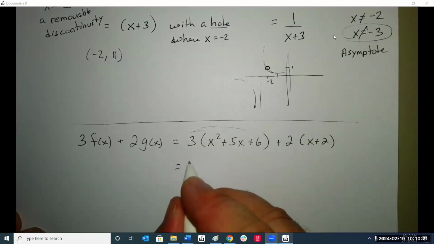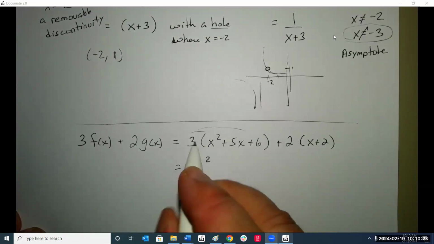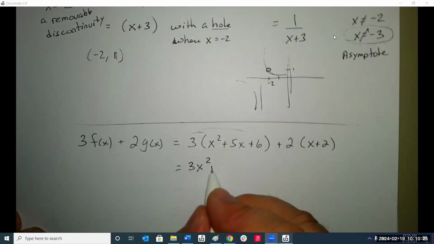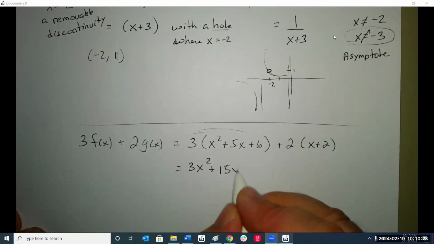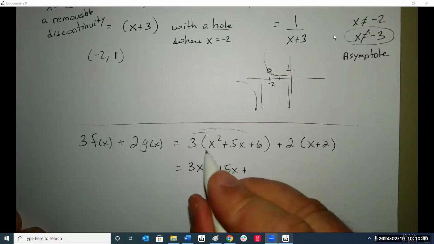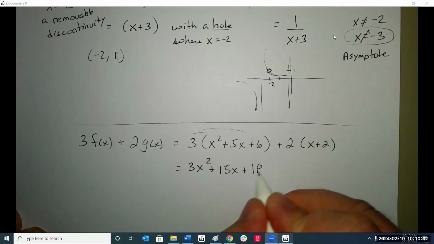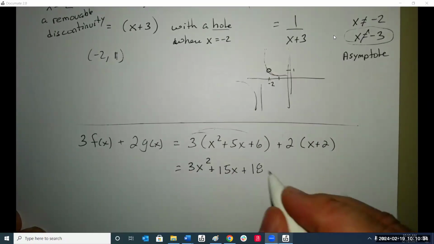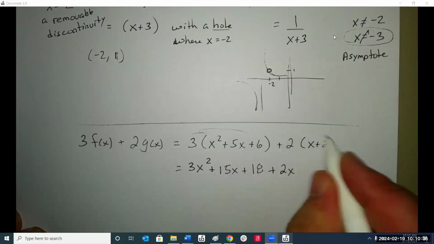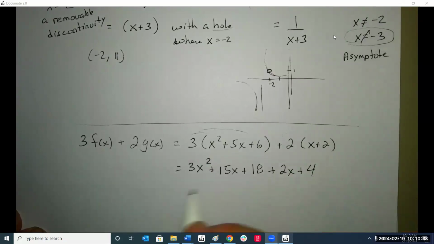Distribute: 3x squared plus 15x, positive, positive, 6 times 3 is 18. Positive 2x, positive 4.